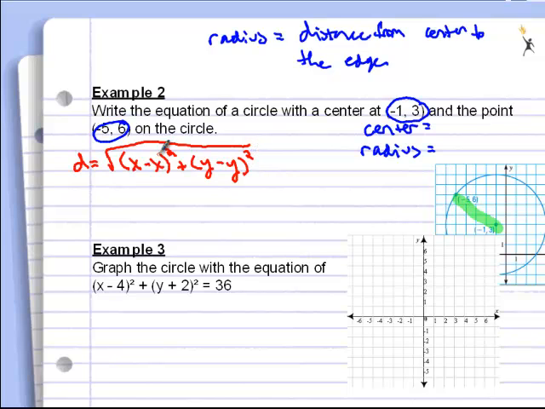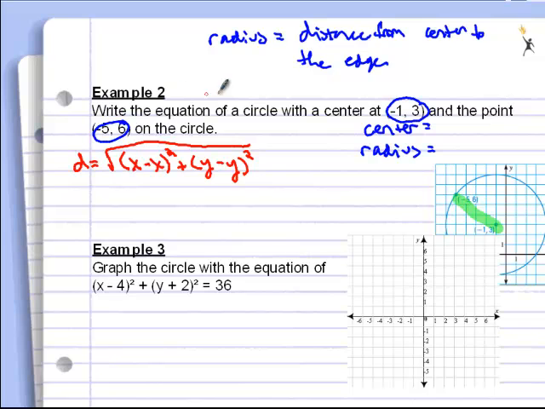You'll also notice that this looks very similar to the equation of a circle, x minus the x coordinate squared plus y minus the y coordinate squared. The only difference is that we have a d here and not an r.